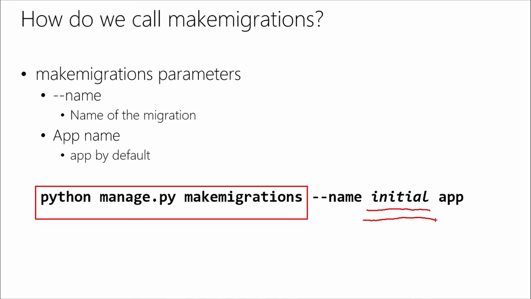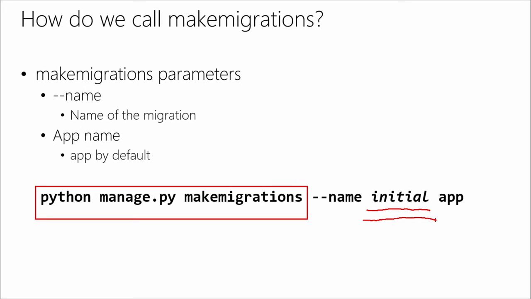You can leave a default name if you want, but you can give it a name. I'm going to call mine initial because it's the initial migration, creating my database table. Everything else you see in that command is exactly the same no matter who's typing it. So all you have to do is decide what you want to call your migration. And that's going to read the code in your models.py file and create a migration package.